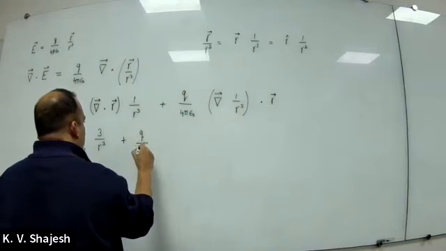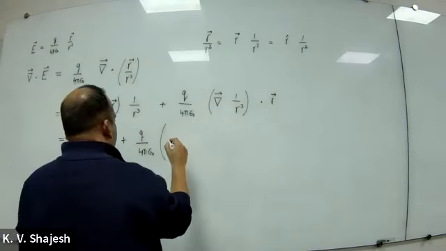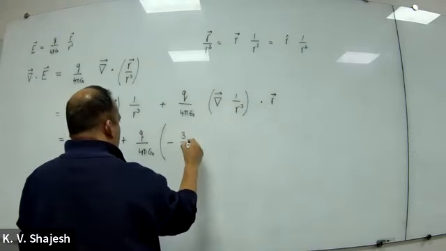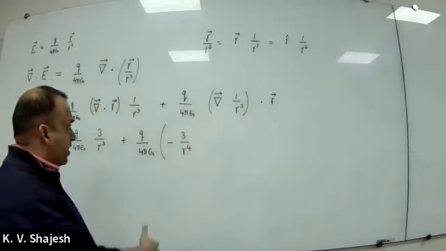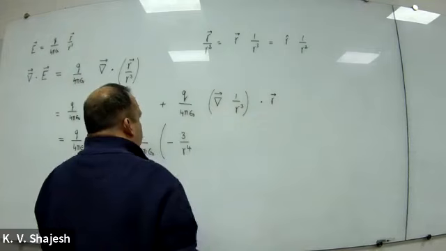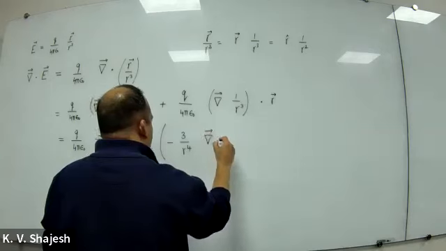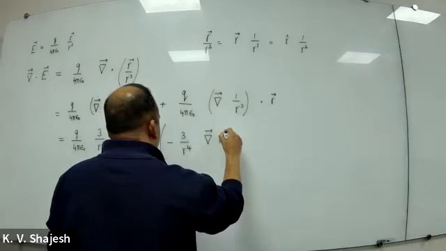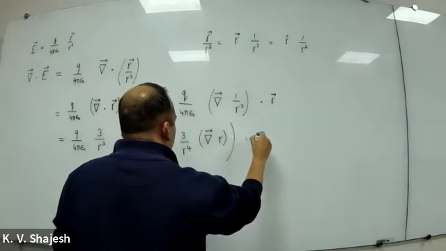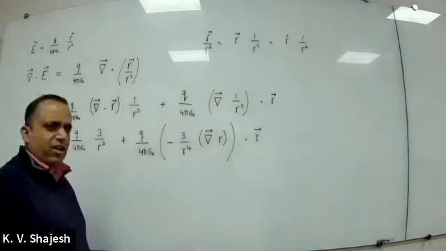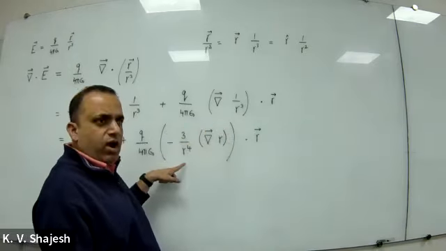So this is q over 4 pi epsilon naught. Use a chain rule. This is minus 3 over r raised to 4. So first pretend as if r is a function, and then the operation on the argument itself, that's r, dotted with the vector r. Is that clear what I did? So I pretended r is a function, that's minus 3 over r raised to 4.